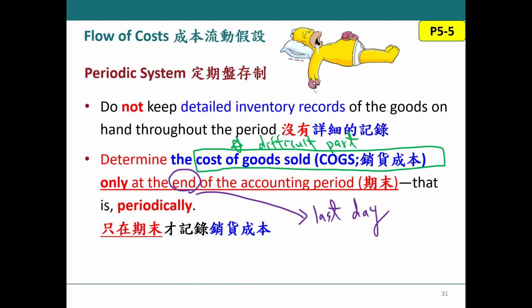So during the whole period, do you know what happened? You don't know it, okay? Because you don't do anything until the last day. So determine, again, what does it mean? Compute the amount, right?